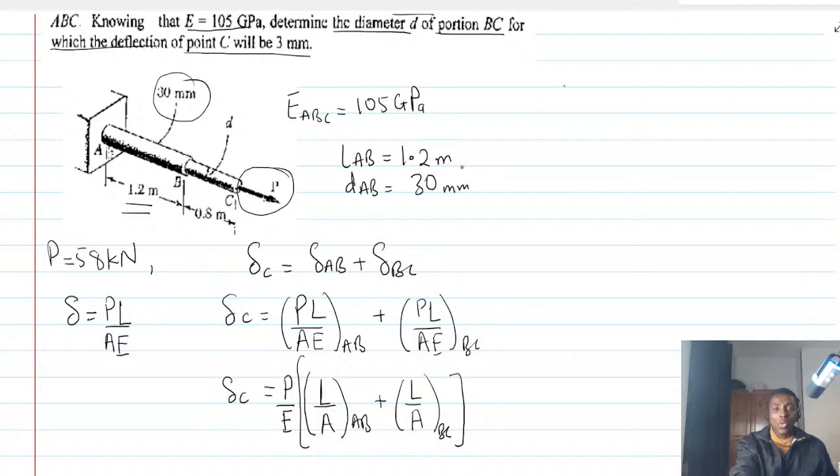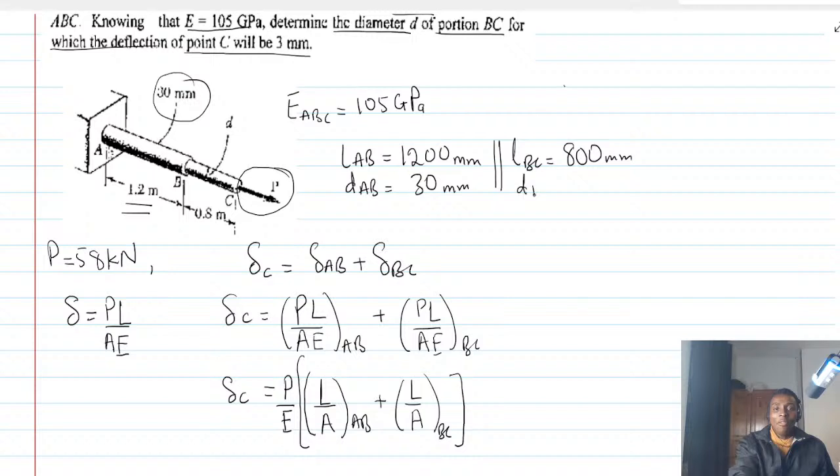I think we need to choose one convention, so 1.2 meters is the same as 1200 millimeters. For section BC, the length of BC is 0.8 meters, which is the same as 800 millimeters.